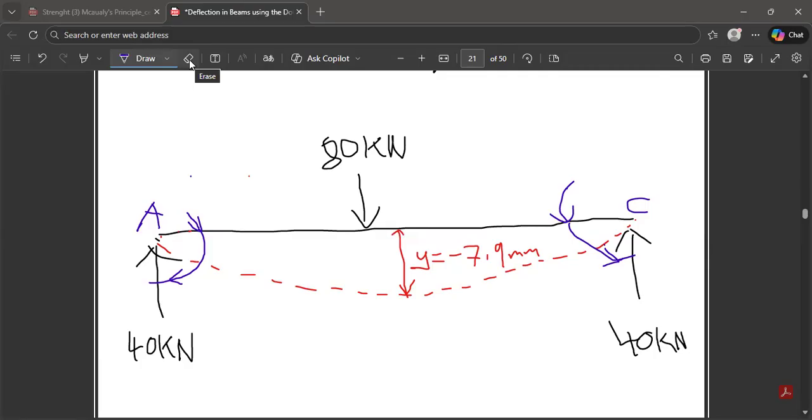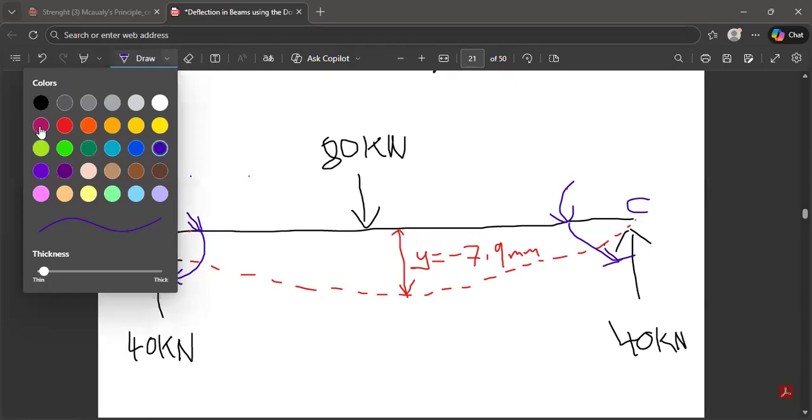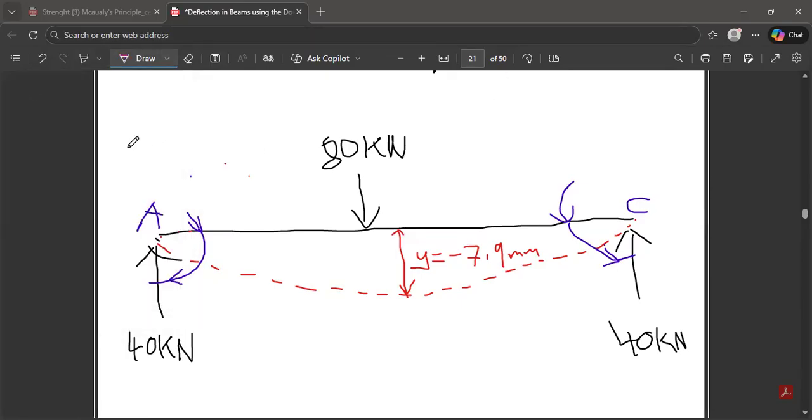So finally, what are we saying? We are saying that our slope at A was equal to minus 0.003 rads. I hope you are seeing it.